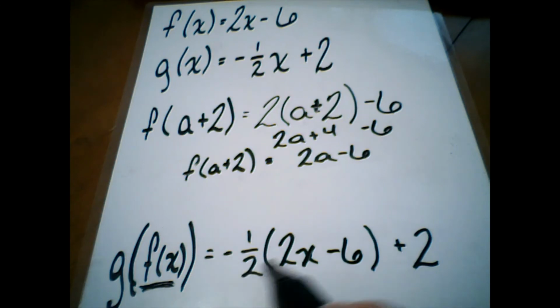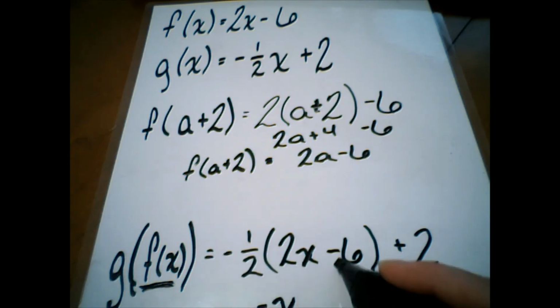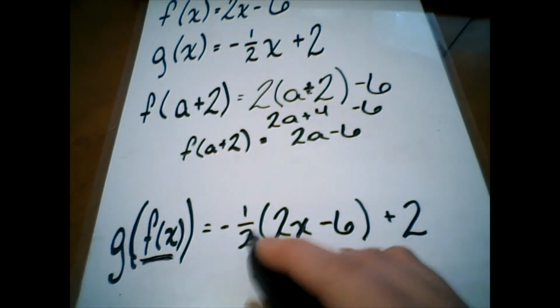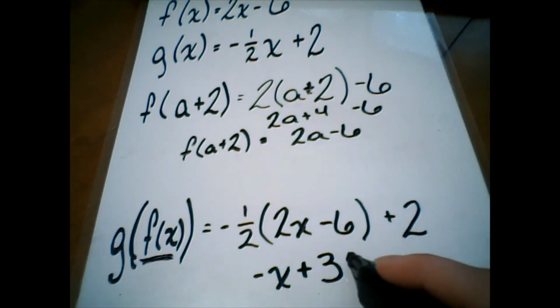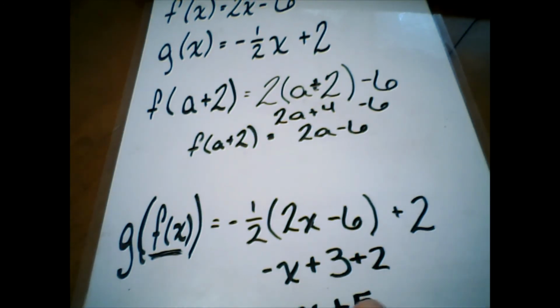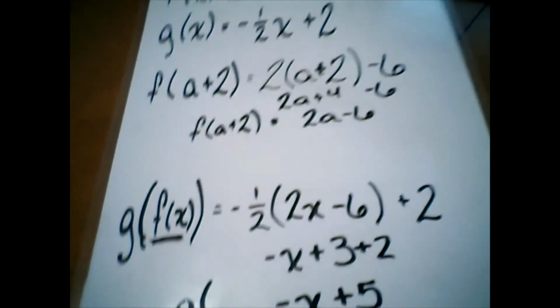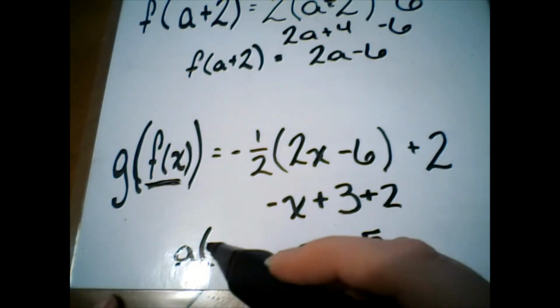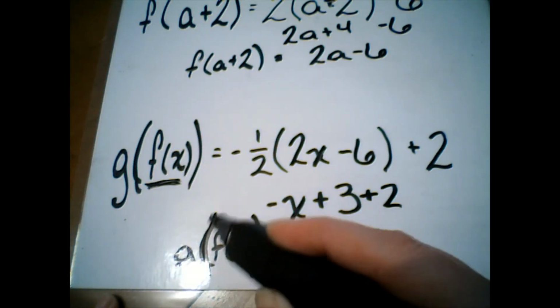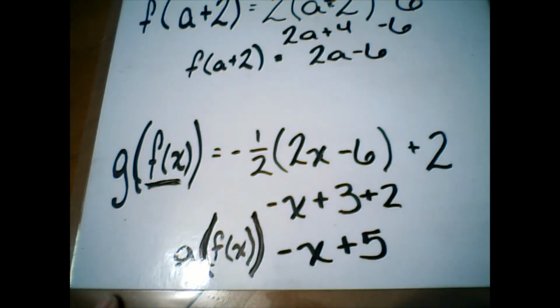So negative 1/2 times 2x is negative x. Negative 1/2 times negative 6 is a positive 3. That's the distribution, and then the plus 2 comes down. So my final simplified version would be the opposite of x plus 5. And that's what happens when we do g of f of x. And that's a sort of stacked function there.